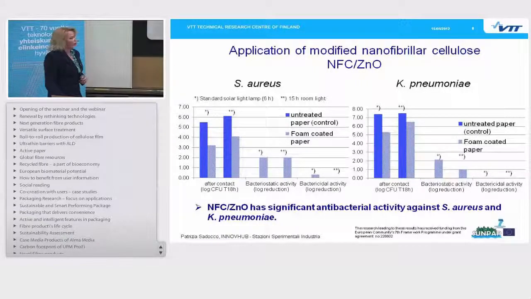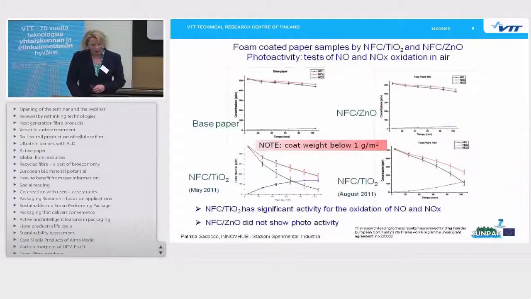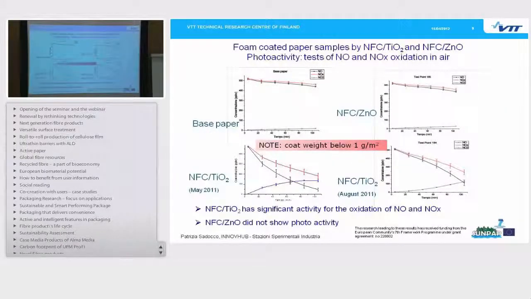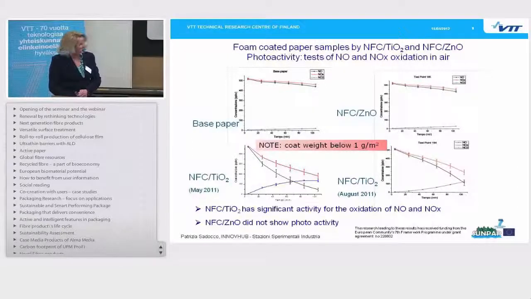Zinc oxide is antibacterial, and this result shows that this thin foam-coated layer of zinc oxide modified nanocellulose has significant antibacterial properties against these 2 different bacteria. Also, we have applied titanium oxide, and these results, from 2 different coating trials, show that the titanium oxide nanocellulose has a significant activity for the oxidation of nitrogen oxides.